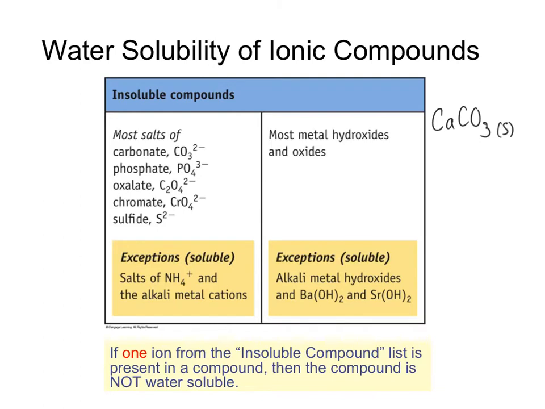There are some notable exceptions here as well. If these salts have NH4+ or any of the alkali metals, the group 1 metals, they are soluble in water. And so, sodium carbonate will be soluble in water since it is one of the exceptions.